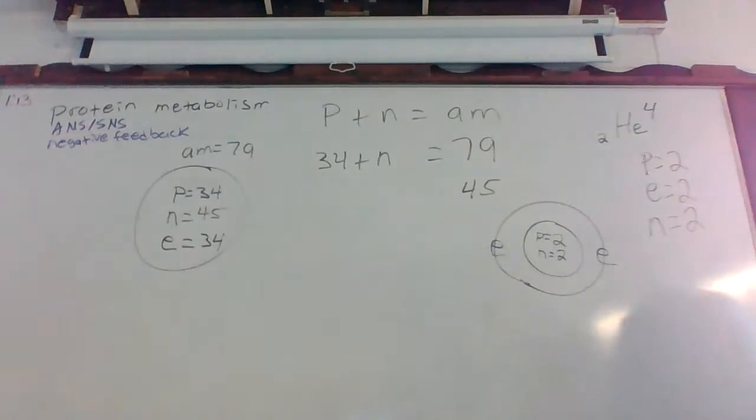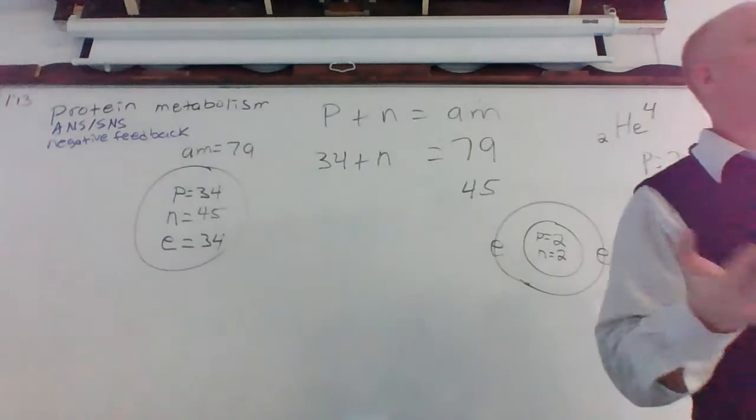So, where is the P block? Which side of the table? The right side. How many columns are in the P block? There are 6. Where's the S block? On the left side. How many columns? 2. There's an exception, helium. Helium's part of the S block. So, in case you're wondering, if it is, how come it's not right next to hydrogen?